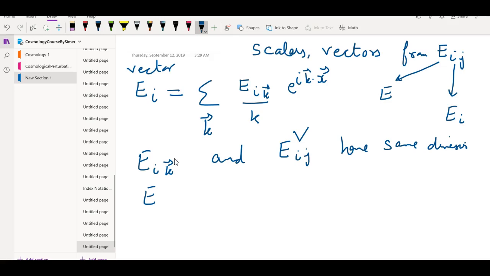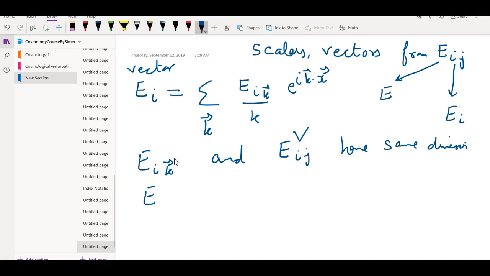So the components of Eijv and the components of this Ei, I mean this Ei in Fourier space, we want them to have the same dimension.